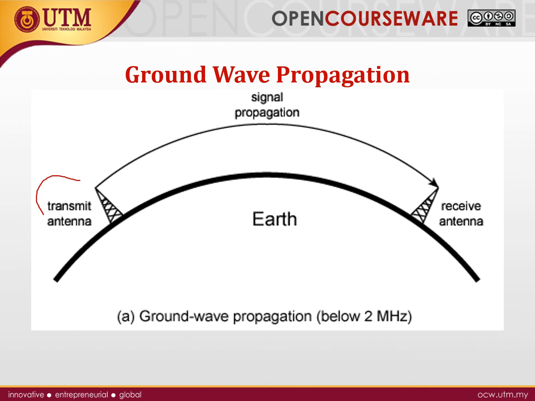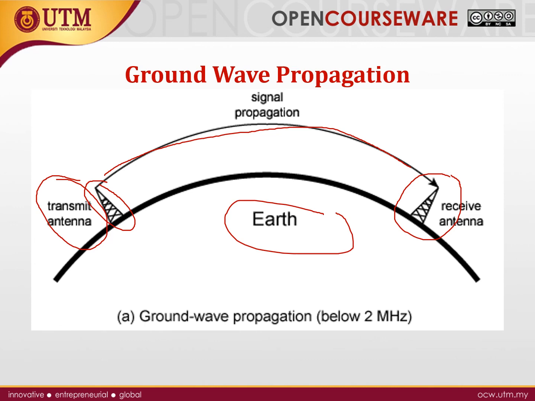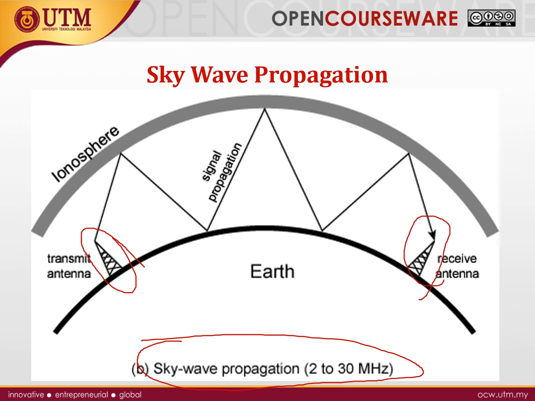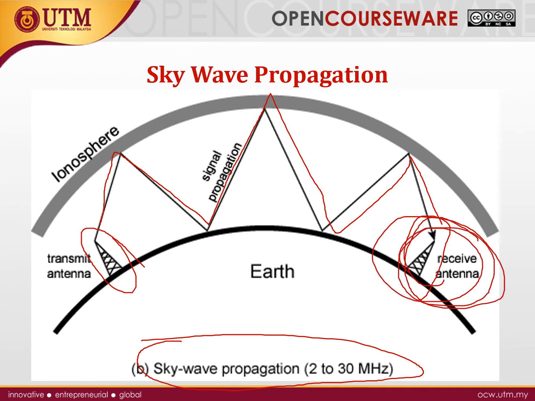This is the transmit antenna and this is the receiver antenna, and the signal goes from Earth to the ionosphere, goes up and down until it is received on the other side by the receive antenna.